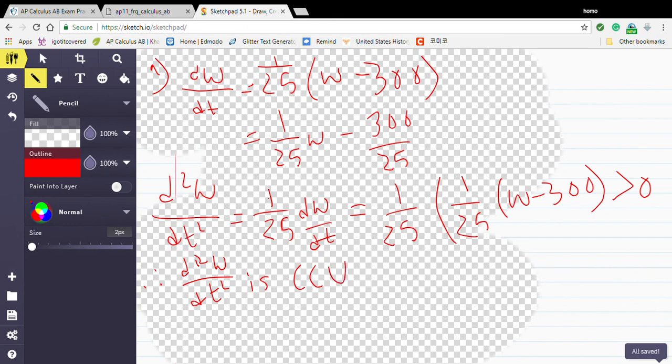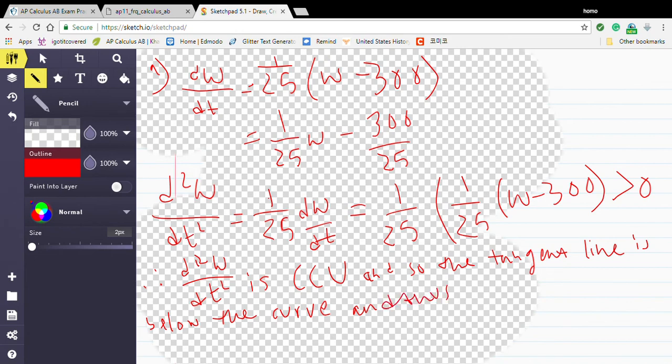And so the tangent line is below the curve, and thus it is an underestimate. It is an underestimate.